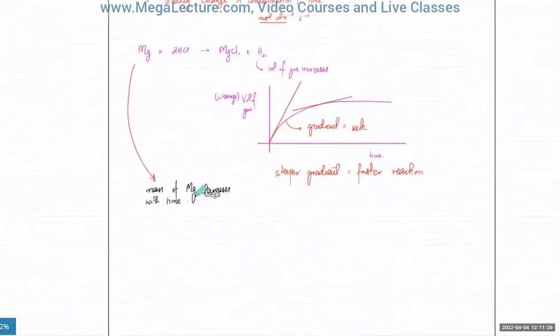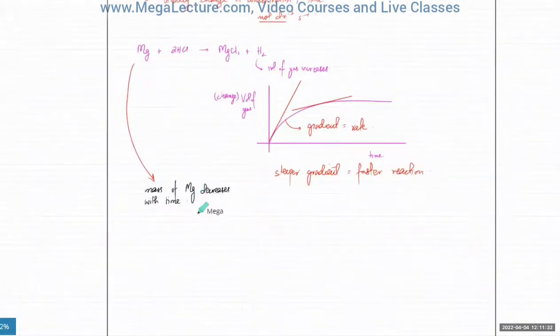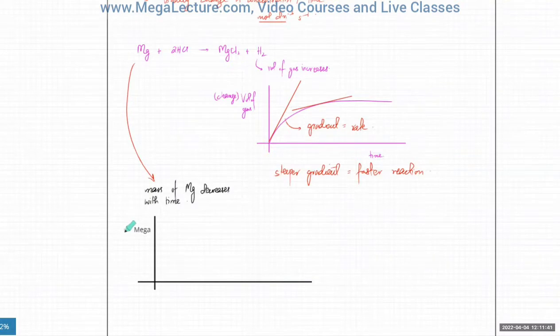If you plot a graph of the mass of Mg with respect to time, with the other axis being time, then initially you'll have a larger mass, and then slowly the solid will start to dissolve and its mass would decrease.